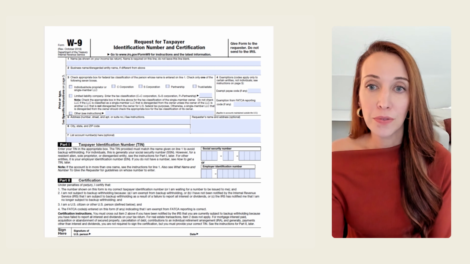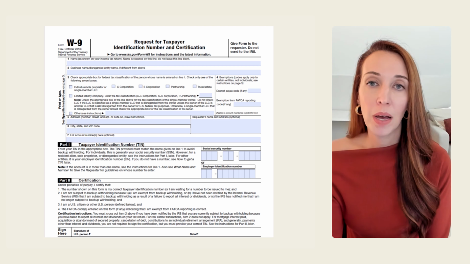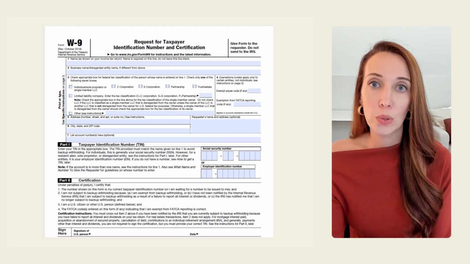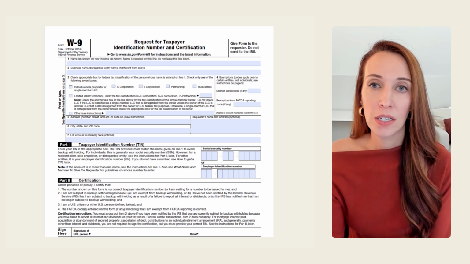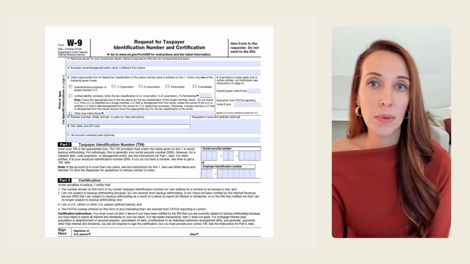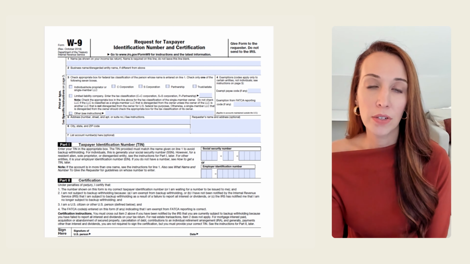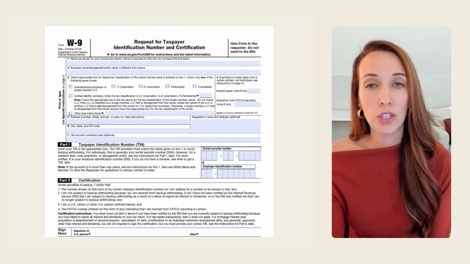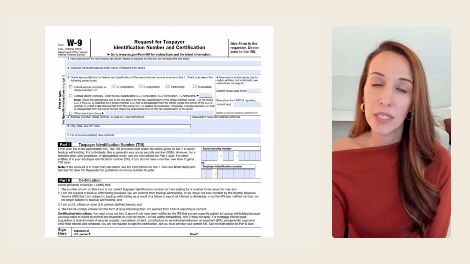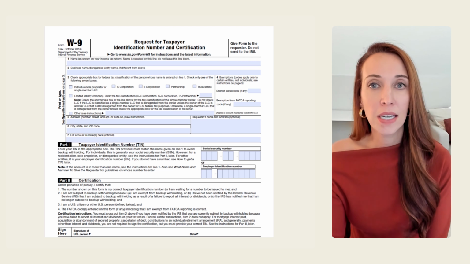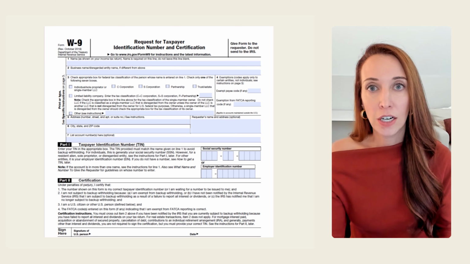If we take a look at the form, we can see that it's provided by the IRS and made available to businesses. It asks for some information that is used by businesses to help determine whether or not their independent contractors or businesses whom they've made payments to need to receive an informational Form 1099 at the end of the year.